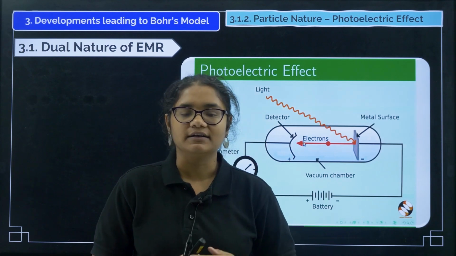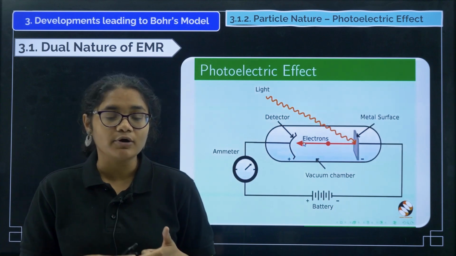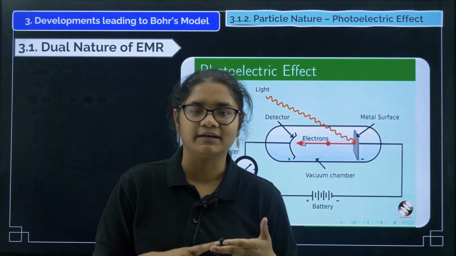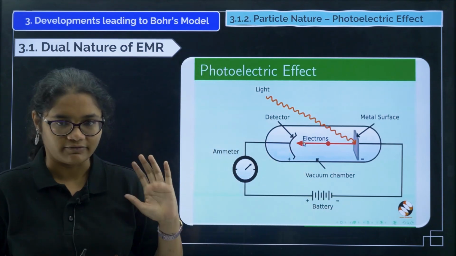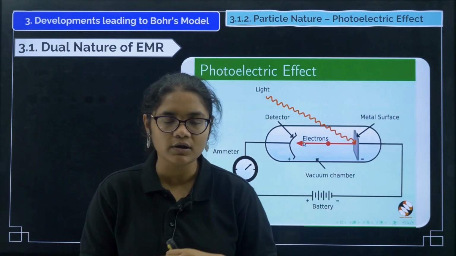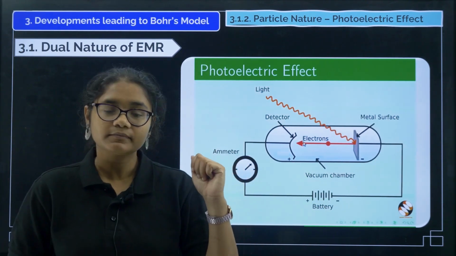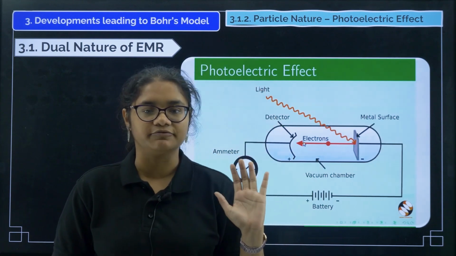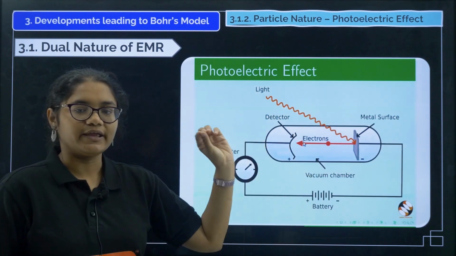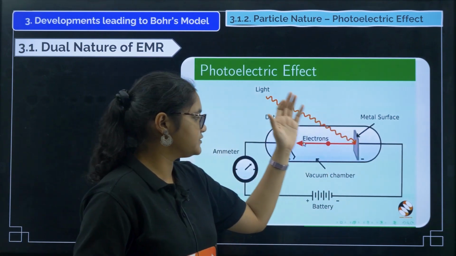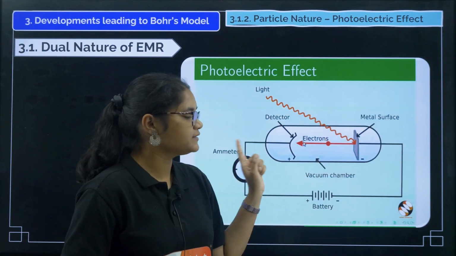First we will understand what the photoelectric effect is, then why the wave nature cannot explain it, and then we will discuss the formula of the photoelectric effect. I am not going to write any definitions, we will just understand this. When a metal surface is struck with light radiations, electrons are ejected out from this metal surface.